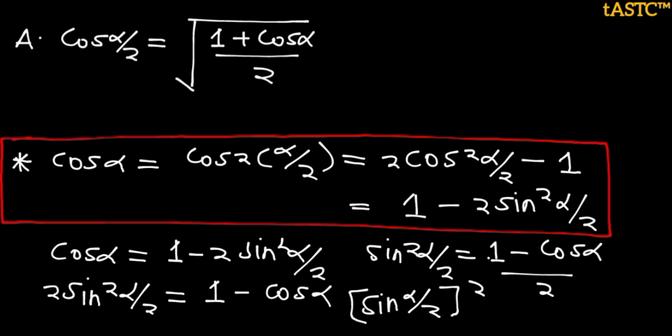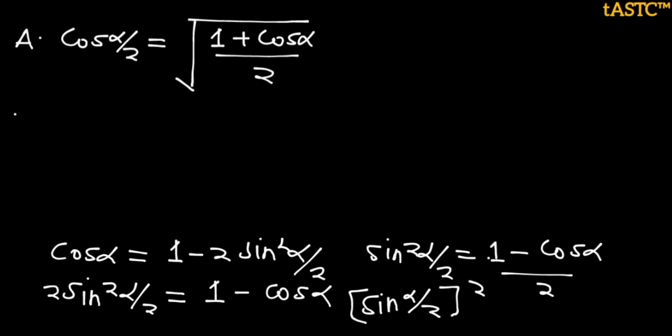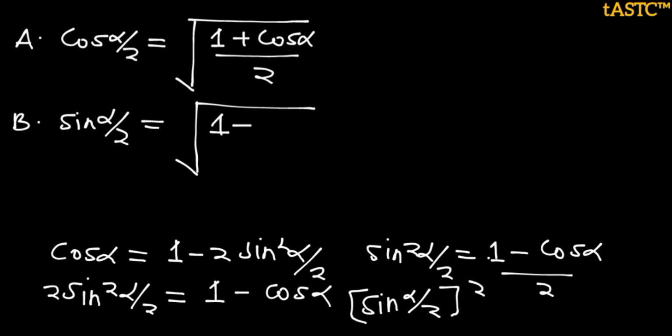Everything is in order. So in order to take this away from this place, we need to take the square root of both sides. That would cancel the square on this side and bring the square root to the other side. So the second formula is sine alpha divided by 2 equal to the square root of 1 minus cos alpha divided by 2.